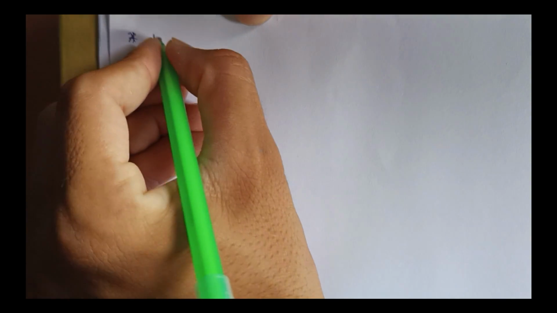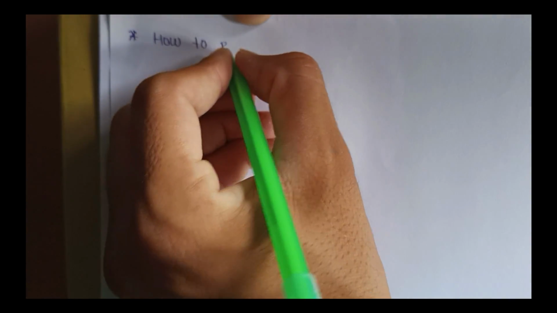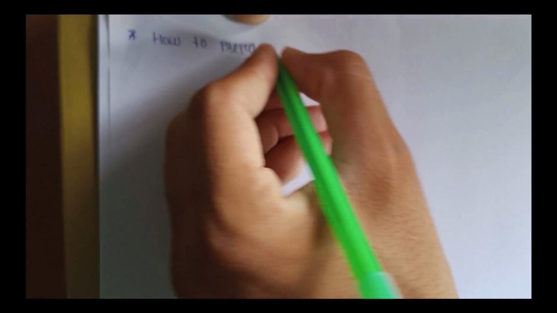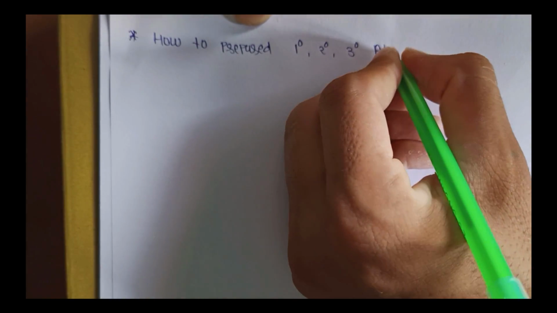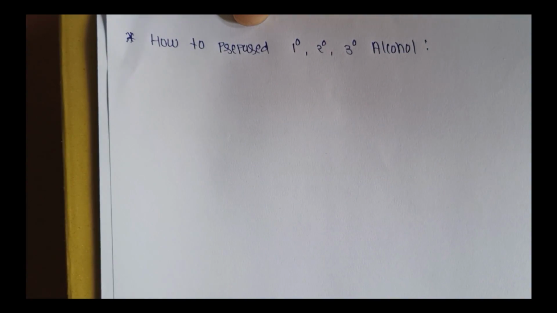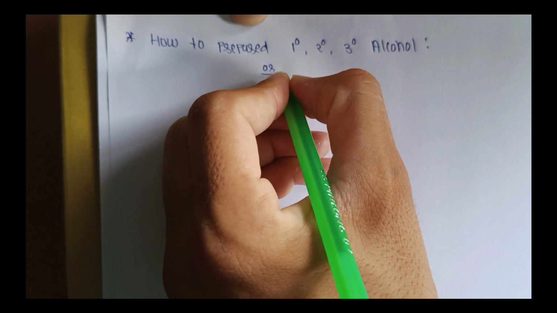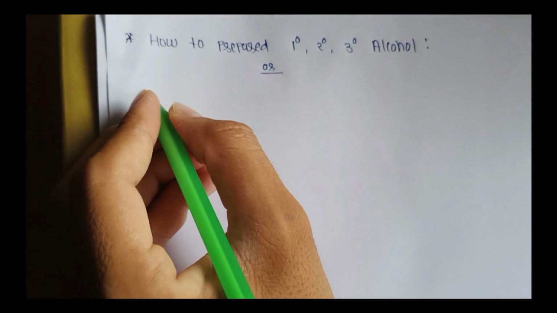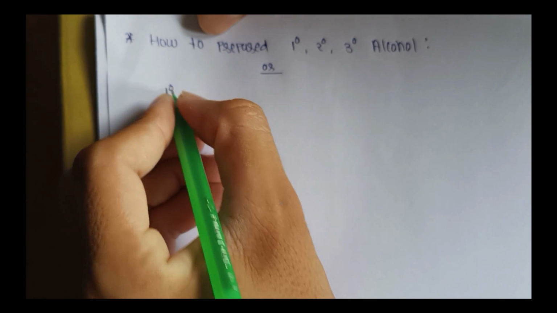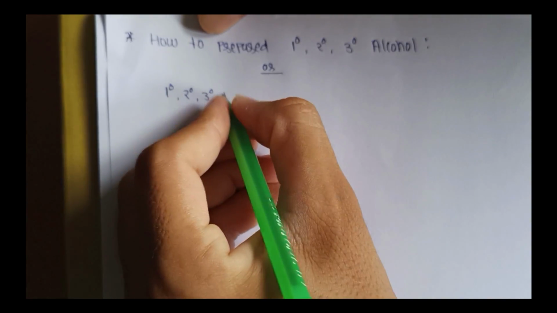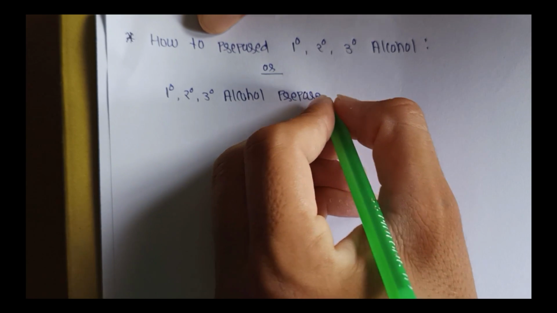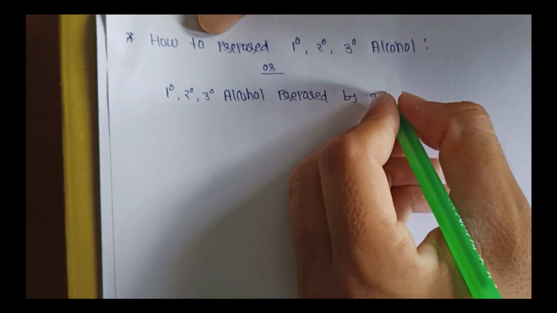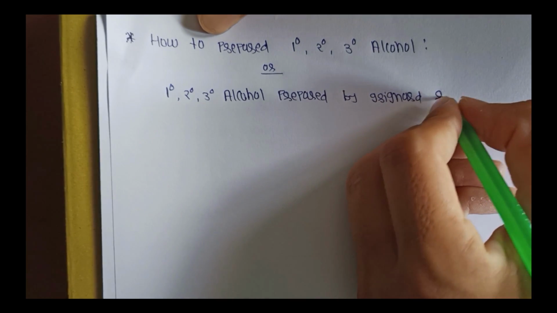The question is: primary, secondary, tertiary alcohol prepared by Grignard reagent.